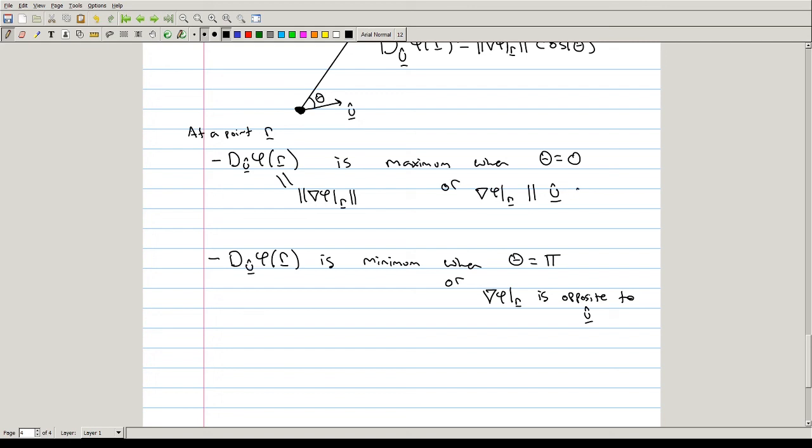The earlier case is parallel and same direction, and this should be parallel and opposite direction. In which case, the directional derivative is actually equal to negative the magnitude of the gradient vector at the point r.